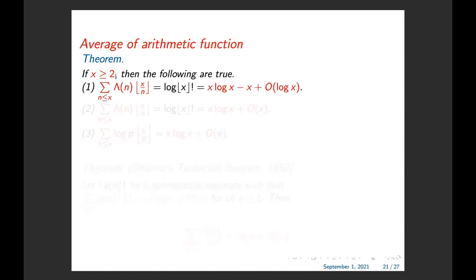And I think earlier we have seen how this occurs, and then this would be asymptotically equal to this identity.